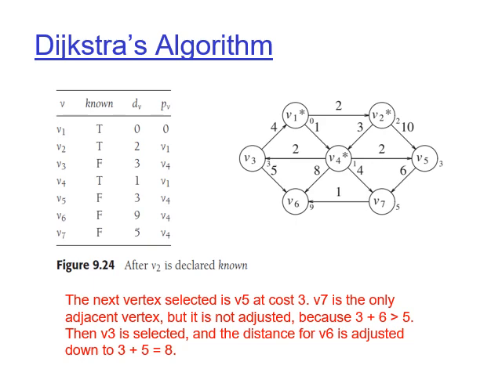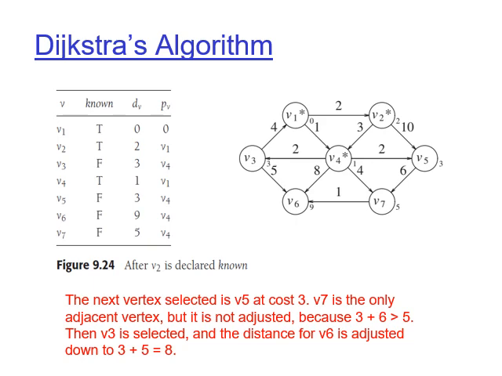What is our current estimate of the shortest path distance from V1 to V7? It is 5. So should I update it? No. Why? Because 3 plus 6, which is 9, is greater than 5. That means I should not go to V7 via V5. So there won't be any change. Now V5 is also known.